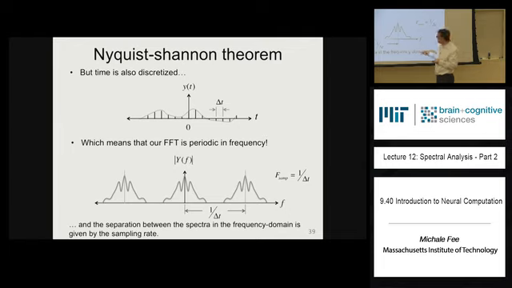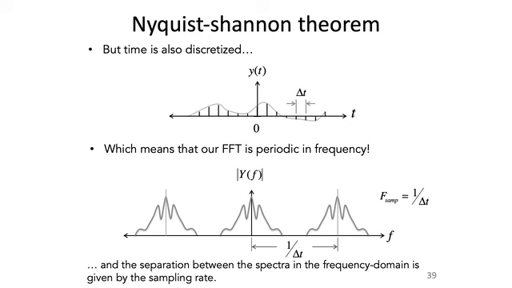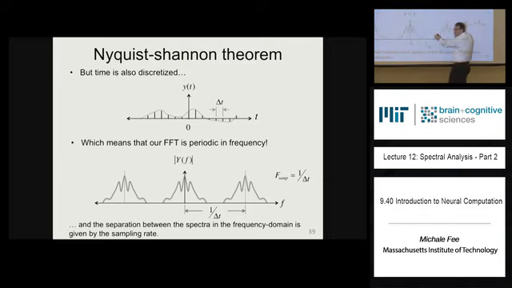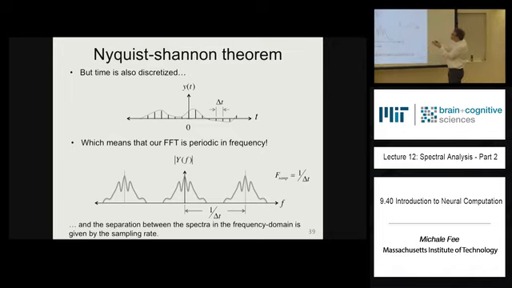In fact, you should really be thinking that those discretely sampled signals have a Fourier transform that's actually periodic. There's another copy of that spectrum sitting up here at 1 over the sampling rate, and another copy sitting up here.